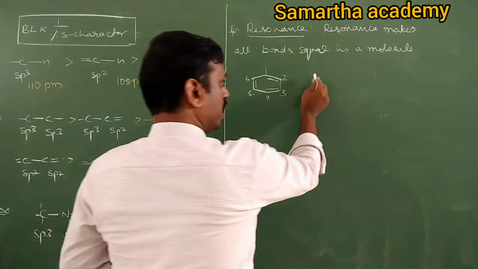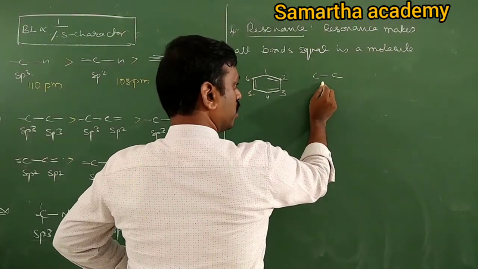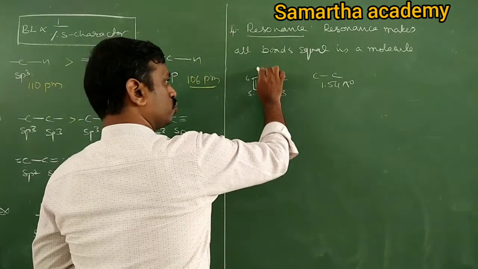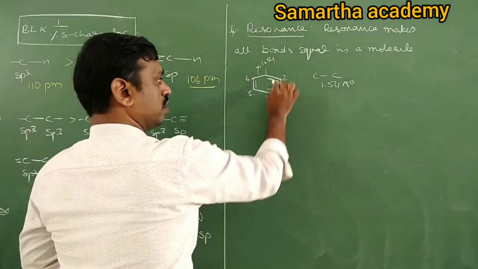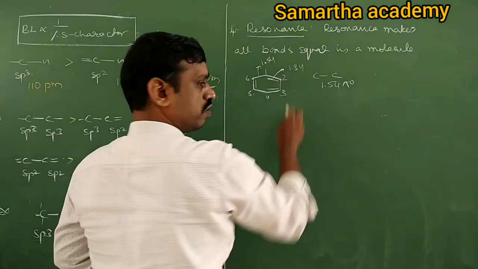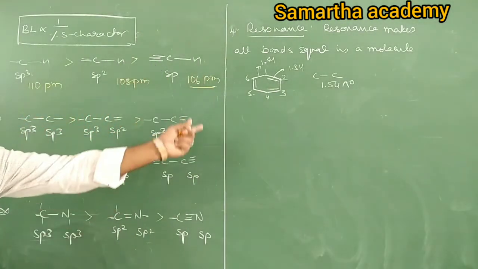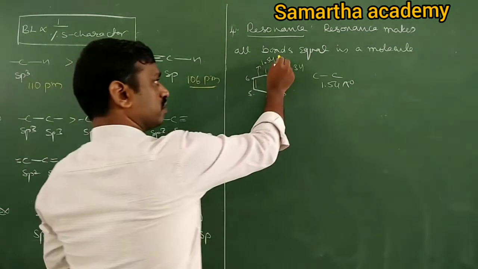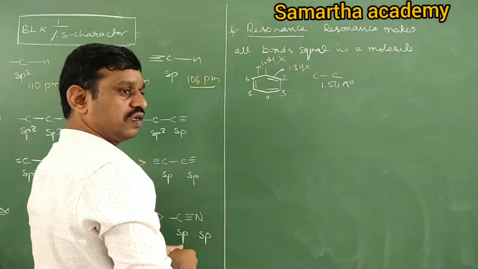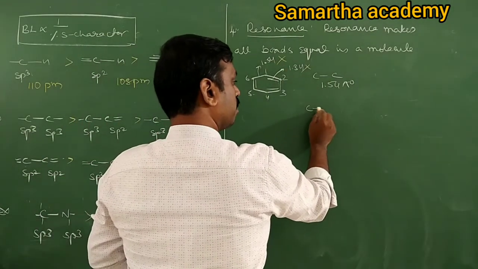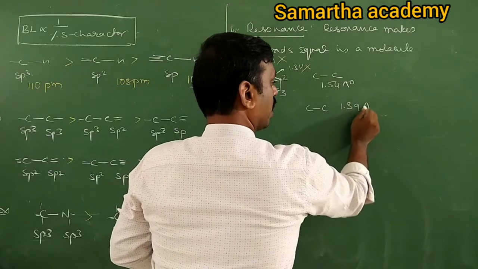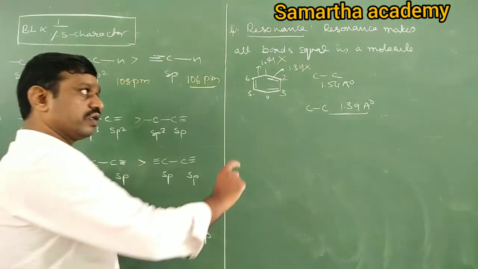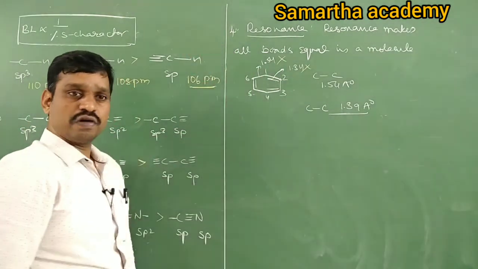Therefore, benzene is supposed to have carbon-carbon single bond length 1.54 angstrom, and this double bond length should be 1.34 angstrom, because carbon-carbon single bond length is 1.54 and double bond length is 1.34 angstrom. But actually the bond length of all the bonds in benzene is 1.39 angstrom. This is due to resonance. So, important: resonance makes all the bonds in a molecule the same bond length.